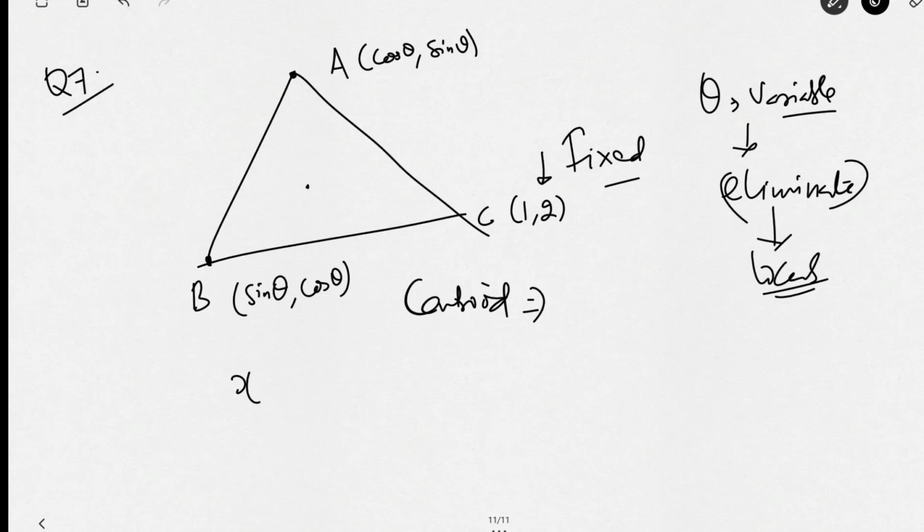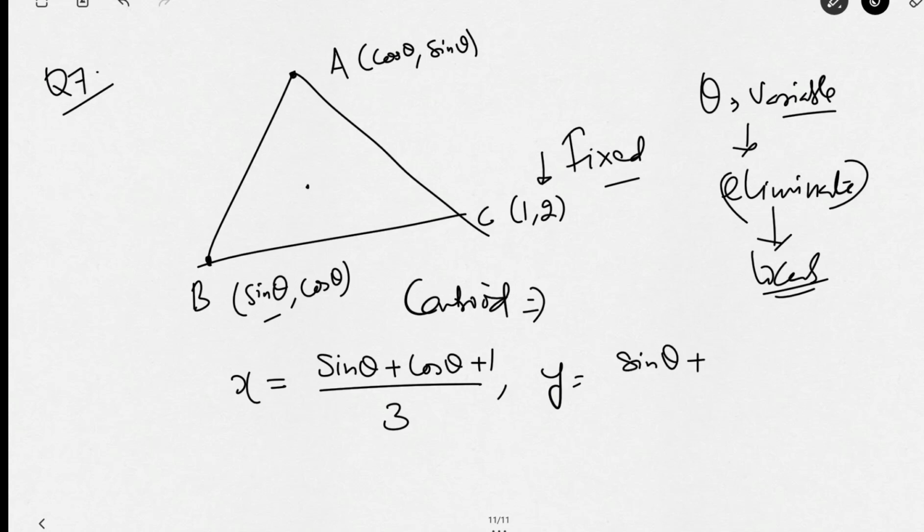X coordinate of centroid will be, I'm just putting x instead of alpha and beta, sin theta plus cos theta plus 1 over 3. And y coordinate of centroid will be sin theta plus cos theta plus 2 over 3.